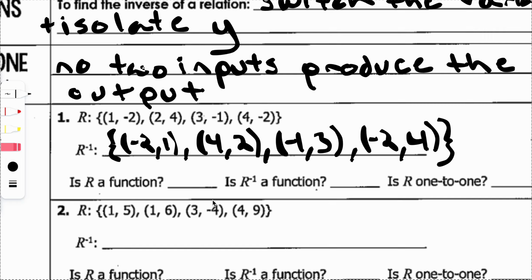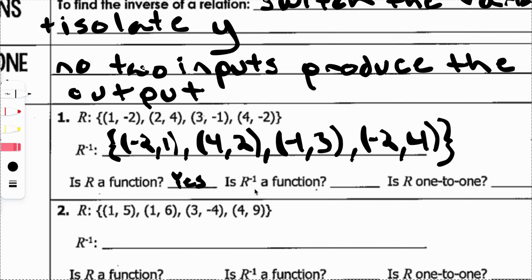So we're trying to see, do we have any points where we have the same x value but two different y values? We have 1 as our x value, 2, 3, and 4 as our x values. They're all different x values, so there aren't going to be two points with the same x value that have a different y value. So we're going to say it is a function.